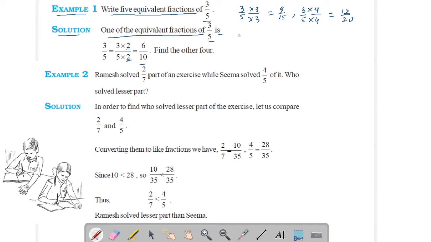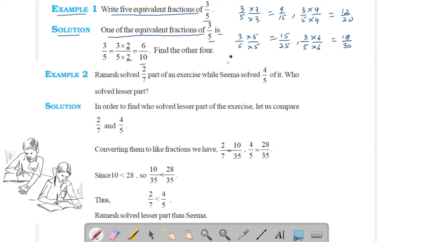Then again multiply 3 upon 5 by 5, both in numerator and denominator. You will get 3 times 5 is 15 upon 25. Again multiply 3 upon 5 by 6, both in numerator and denominator. You will get 3 times 6 is 18 upon 5 times 6 is 30.